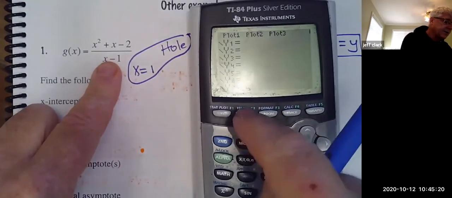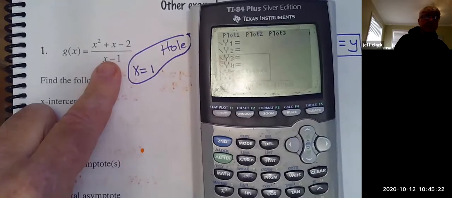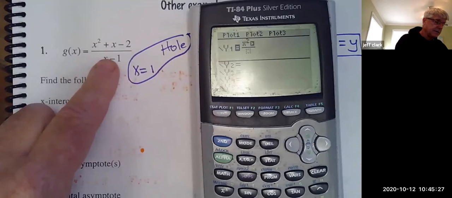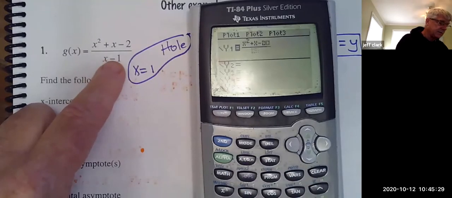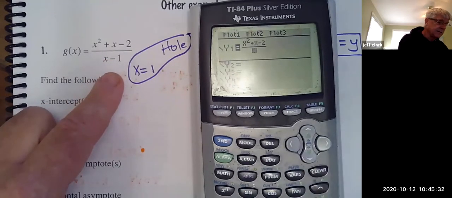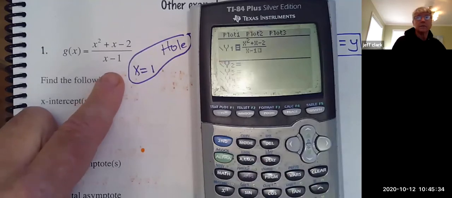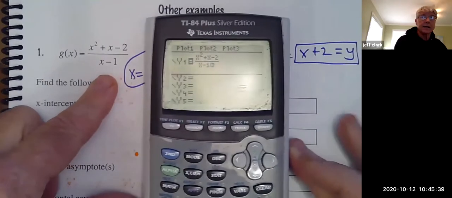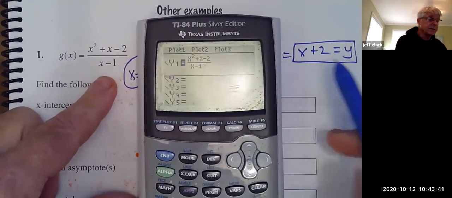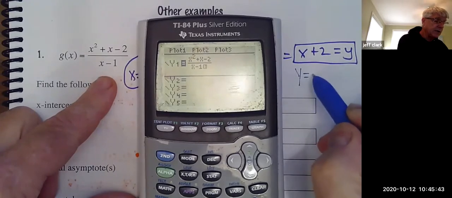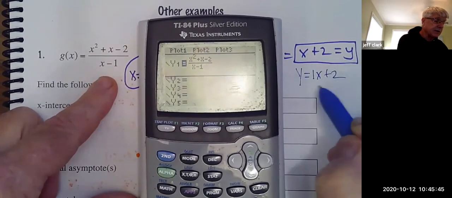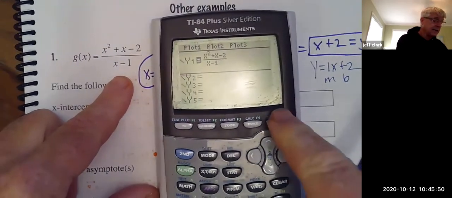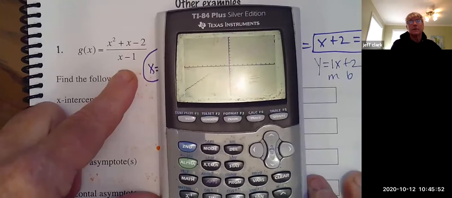Here we go: x squared plus x subtract 2, all over x subtract 1. I claim that the picture of this is going to look like the equation of a line, y equals mx plus b. Y equals 1x plus 2. There's your m, there's your b. It'll look like a line. Zoom standard. Sure enough, it looks like a line.